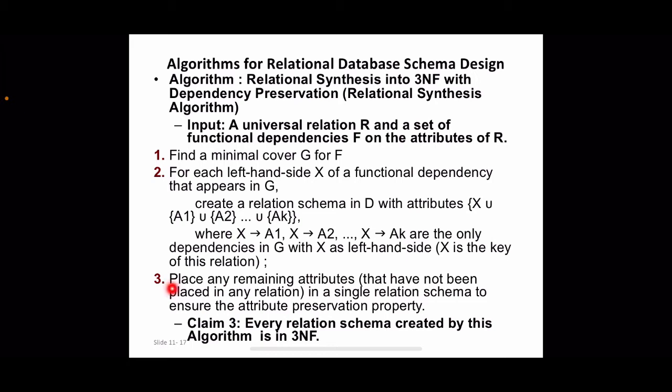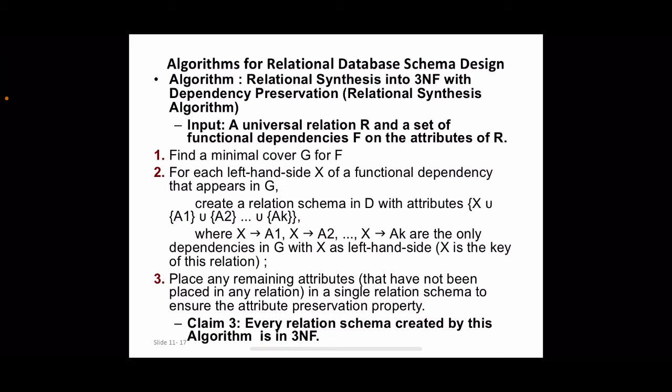Now the third step is to place any remaining attributes that have not been placed in any relation. All those will be collected, and then placed in a single relation schema to ensure the attribute preservation property. We have already seen what the attribute preservation property is, right?